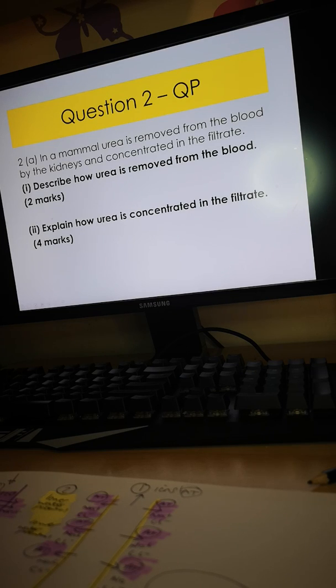Urea is something that you wouldn't reabsorb, and it becomes concentrated when water is removed from the filtrate. So it's a backwards way of asking, how is water reabsorbed? Explain how water is reabsorbed from the filtrate. So pause there and give it a go.